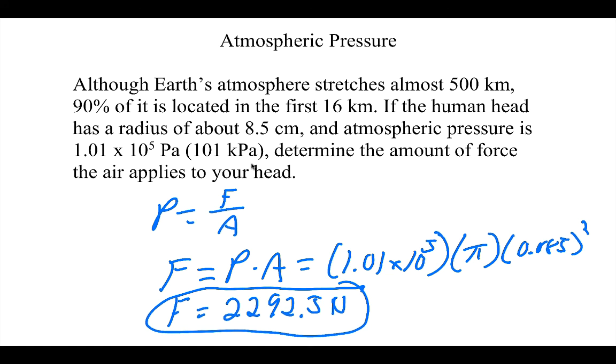When you think about the weight of an average adult is somewhere around 800 newtons, this is about 4 times the weight of an average adult sitting on top of your head. Yet we don't really notice that because, of course, we've evolved in this atmosphere to not really notice it. But it's a pretty significant amount of force.